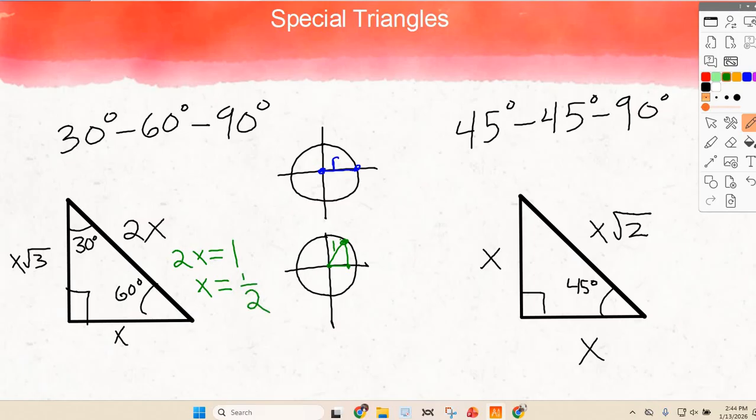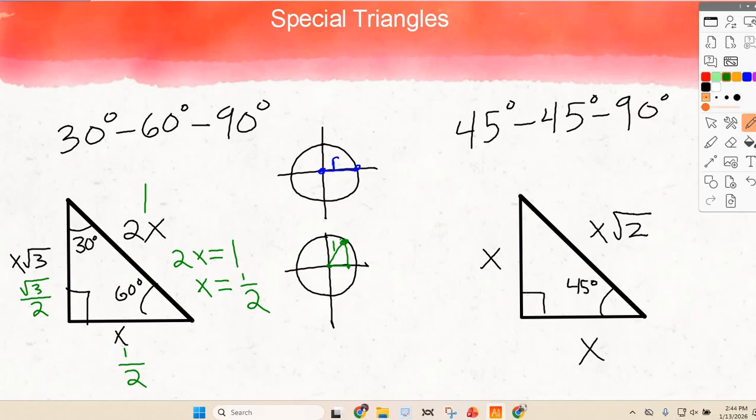Which also means that now this side is 1/2. Agreed? And then my third side would technically be 1/2 times the square root of 3, but we just write that as square root of 3 over 2. So this side length is 1, this side length is 1/2, and my other side length is square root of 3 over 2.